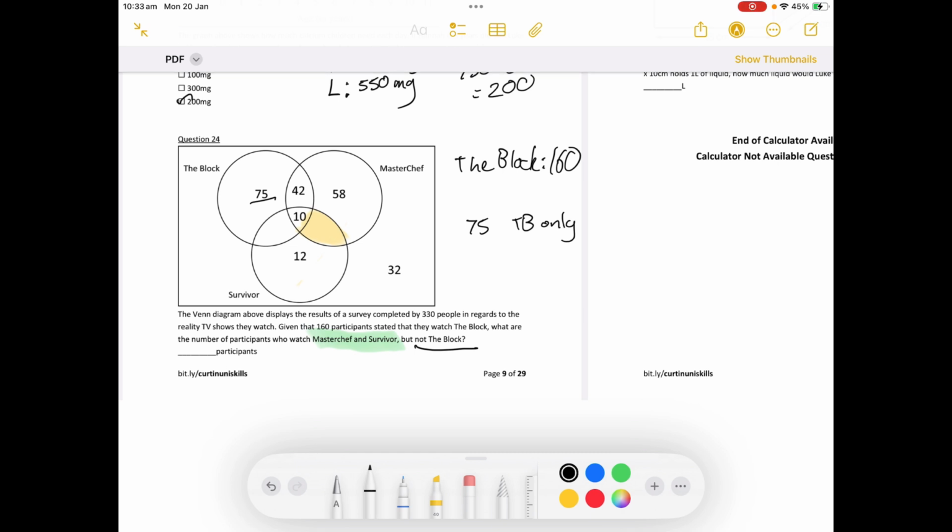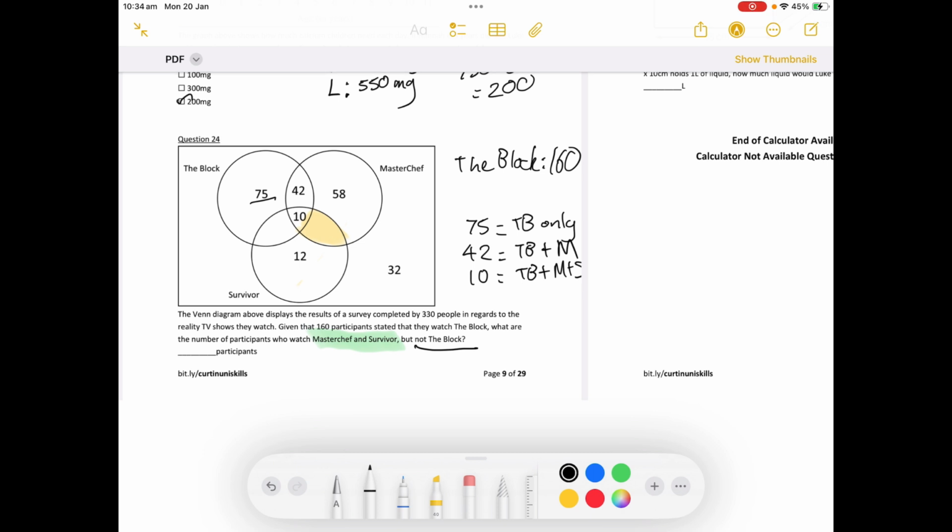Okay, so 75 that watch The Block only. I have 42 that watch The Block and MasterChef, and I have 10 people that watch The Block, MasterChef, and Survivor.